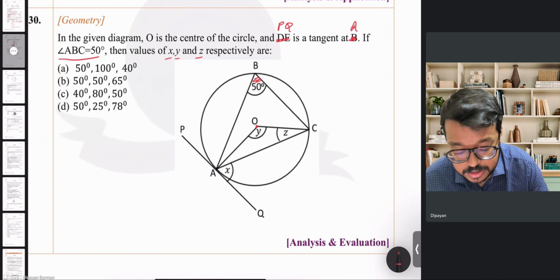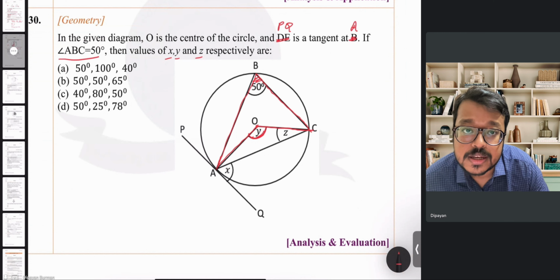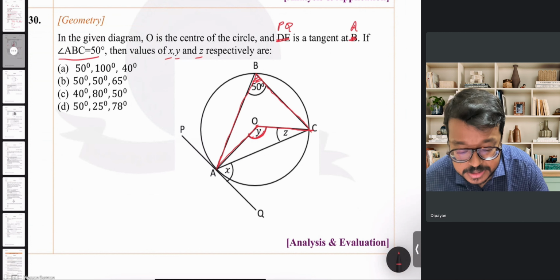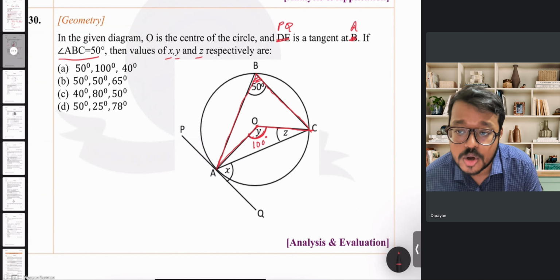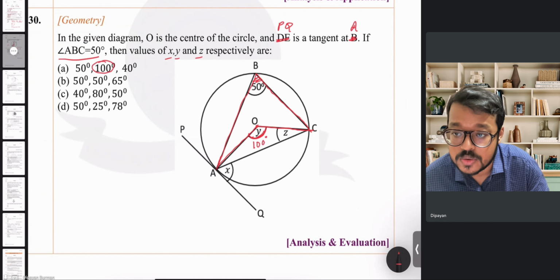For example, immediately when I see that ABC angle is 50 degree, AOC will be double the angle, because AOC is angle at the center, which is double the angle at the remaining part. So if ABC is 50, AOC will be twice of 50, which is 100 degree. Now if I check which option has Y value 100, only the first option has Y value 100.